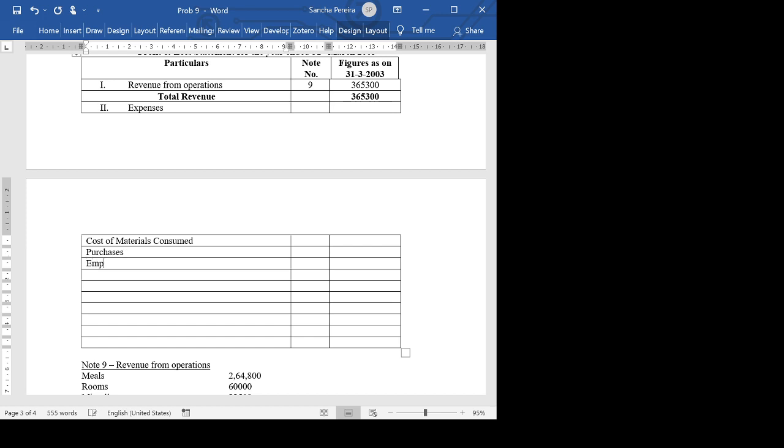Then we have employee benefit expenses. Finance costs, we don't have anything. Depreciation also we don't have. And then we have other expenses. So I will just go on with the notes now. This would be note 10, 11, 12 and 13.